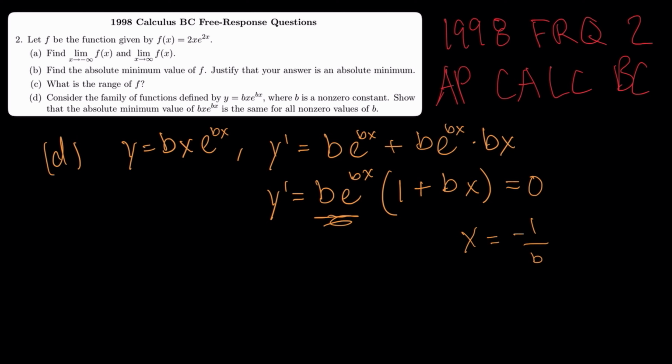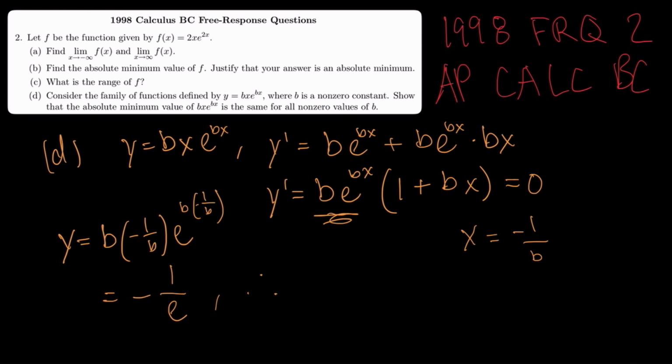To show that the absolute minimum value of bx e to the bx is the same for all non-zero values of b, what we can do is substitute this back in to y. So let's do that. We have y equals b times negative 1 over b times e to the b times negative 1 over b, which equals negative 1 over e.